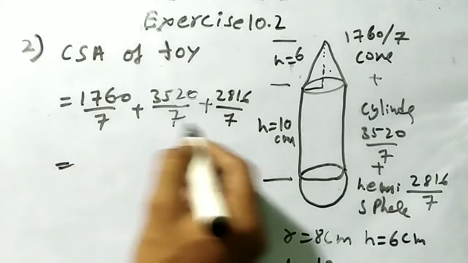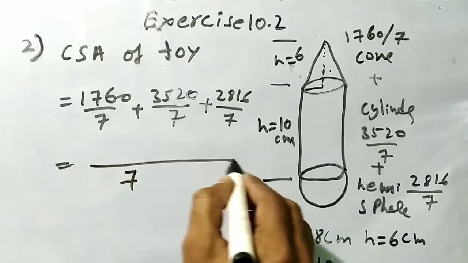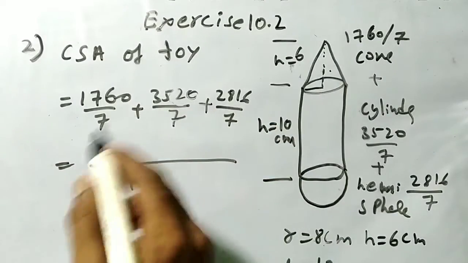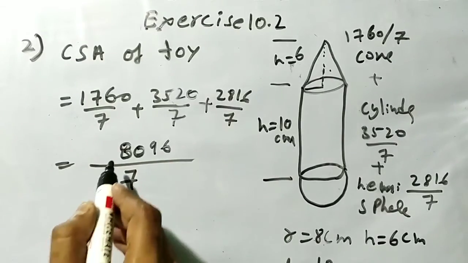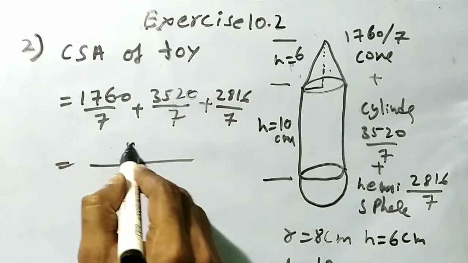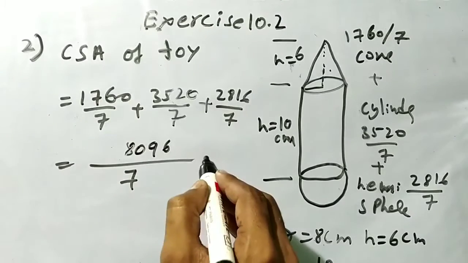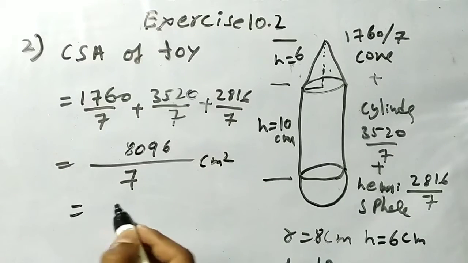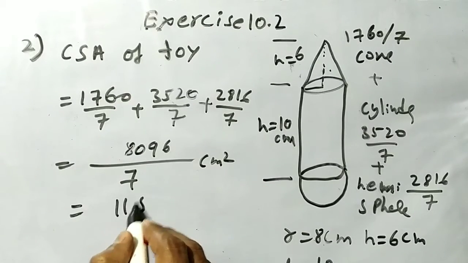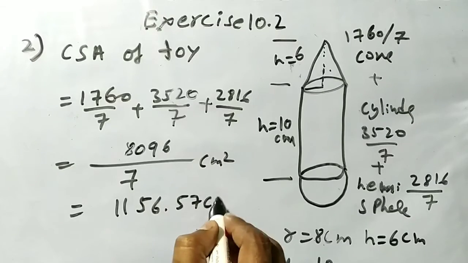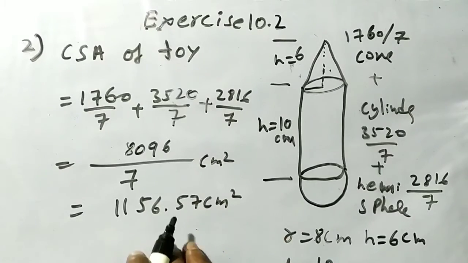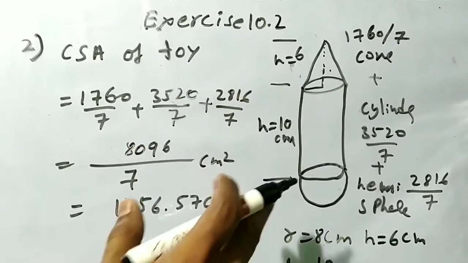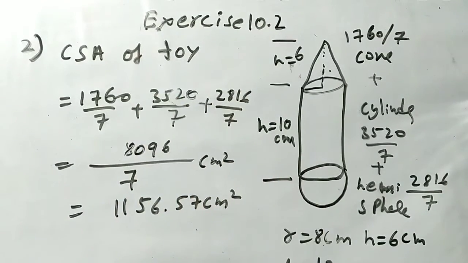When the denominators are the same, we have to add the numerators. So let's add all 3 values. We got 8096 by 7 centimeter square. So the value is 1156.57 centimeter square, which is the final value, the total of the cone, cylinder and the hemisphere.